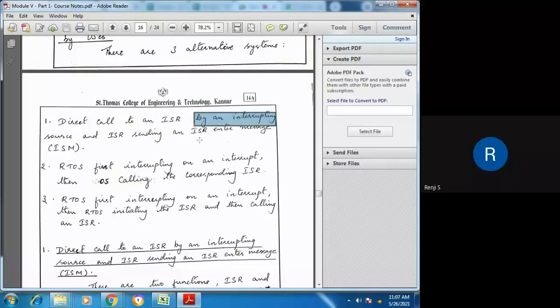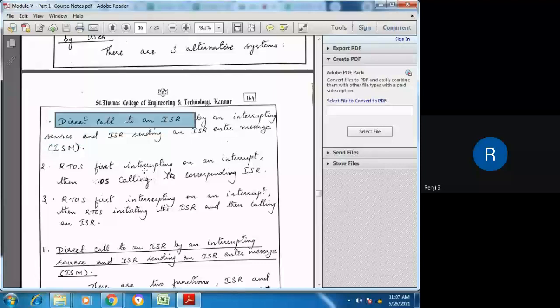So if there is an interrupt occurring in the system, that source is called the interrupt source. Once a request arrives on any of the pins of the ICs that we are using for embedded product development, instead of going to the operating system, it will go directly to the ISR routine.